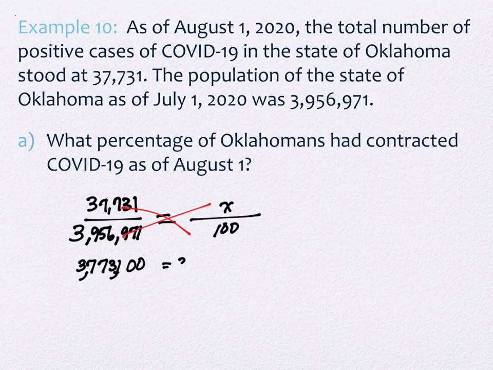And we have 3,956,971x. So we're going to divide by our 3 million number, well, the 3,956 number.